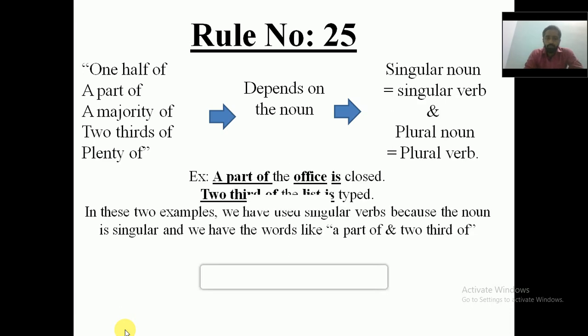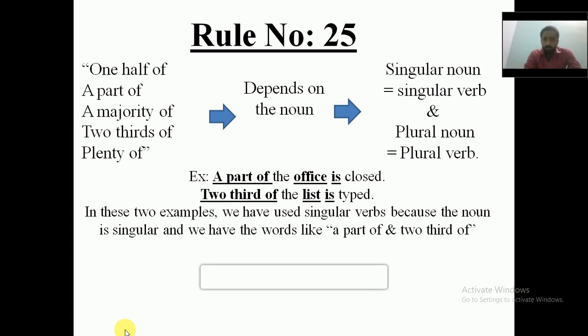I'll give an example here. A part of the office is closed. The sentence begins with "a part of." When you have that phrase in a sentence, the verb depends on the noun. Here the noun is office, and that is a singular noun, so we have to use the singular verb.